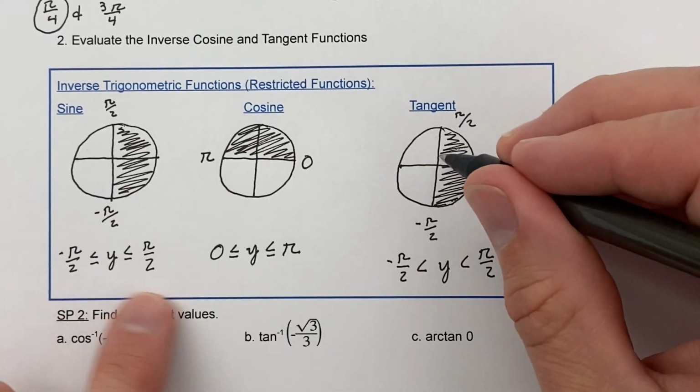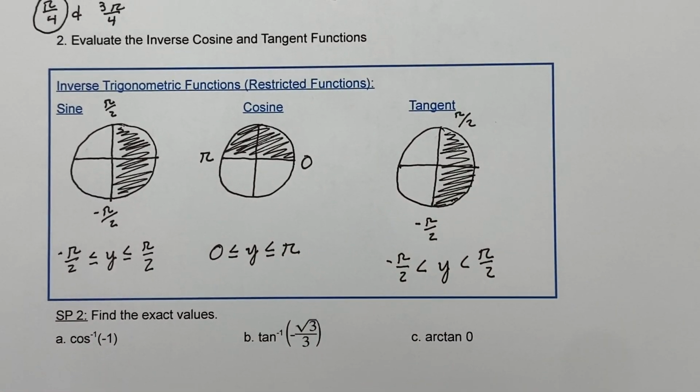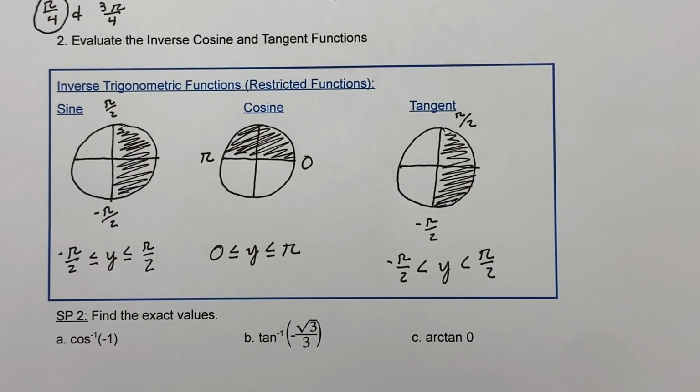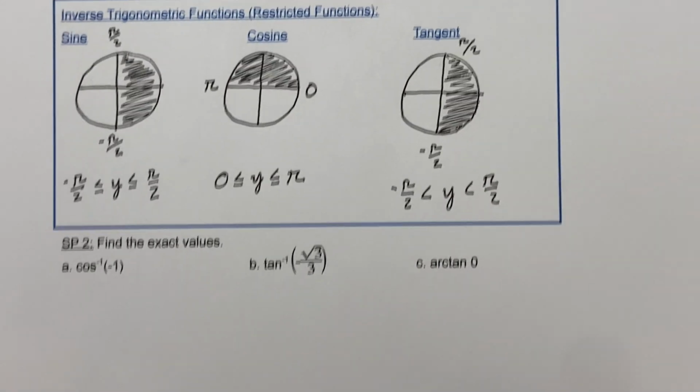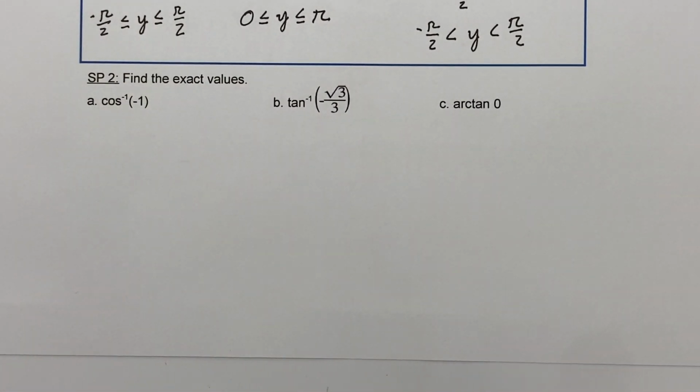This should have been a dashed line here. I messed up, but notice it's not equal to, and I can't remember if we get into an example of that or not, to show why it can't be negative pi over 2 or pi over 2. Let's go ahead and finish with example number 2.